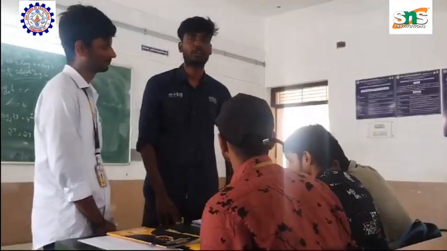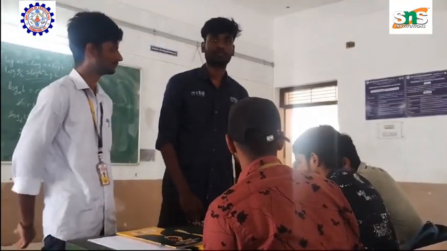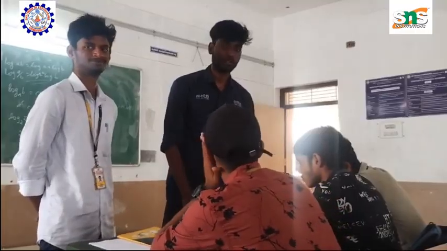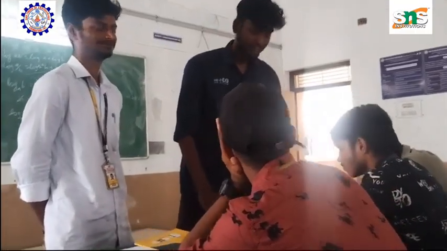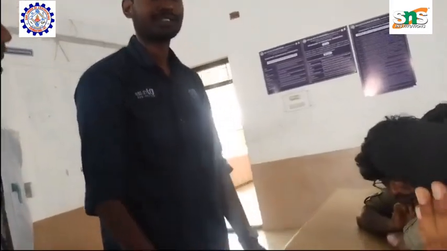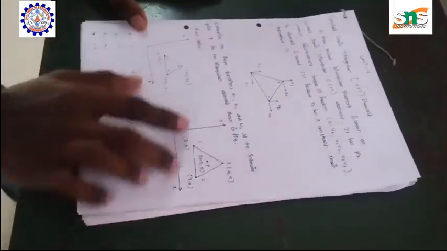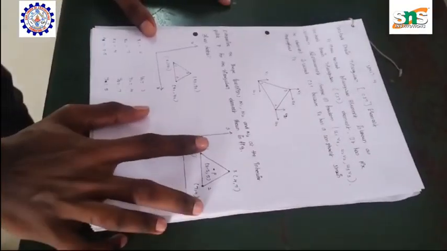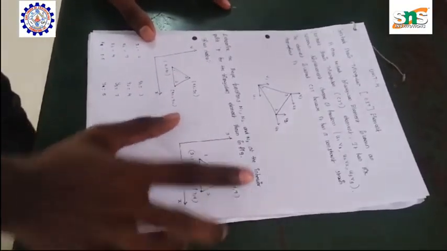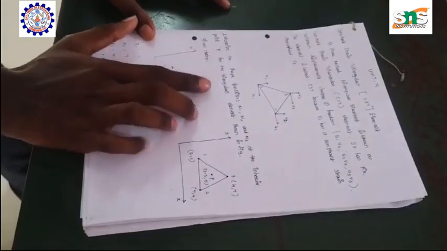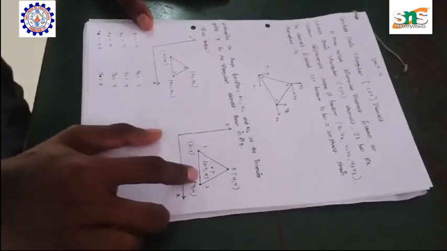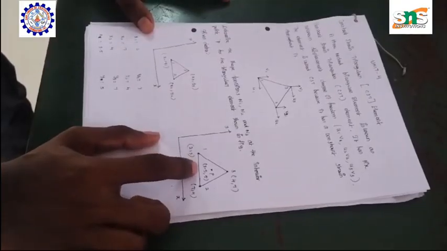Today I will discuss a problem in finite element analysis about shape functions. The problem is: determine the shape functions N1, N2, and N3 at the interior point P for the triangular element shown in this figure.